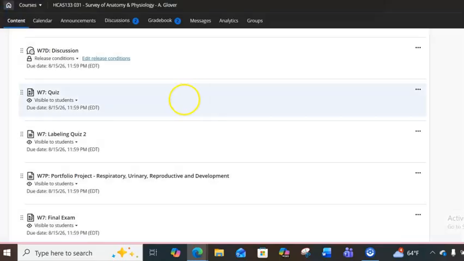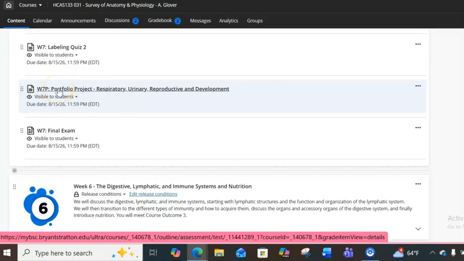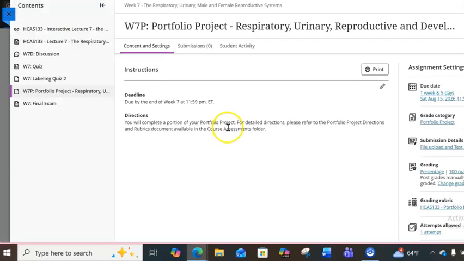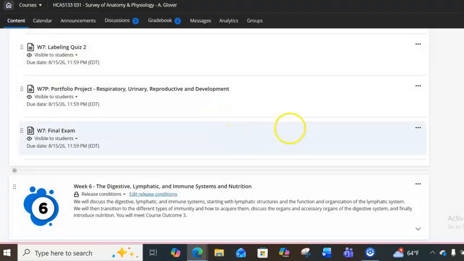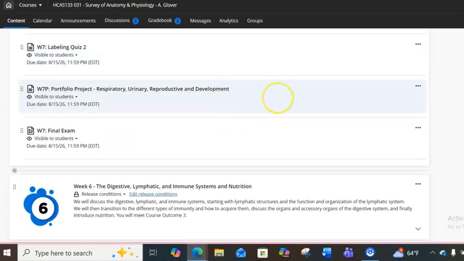Now, let us go into our final portfolio project assignment for week 7. You will be using that portfolio project packet and continuing to put your answers into the training manual template, and you will upload that through here.